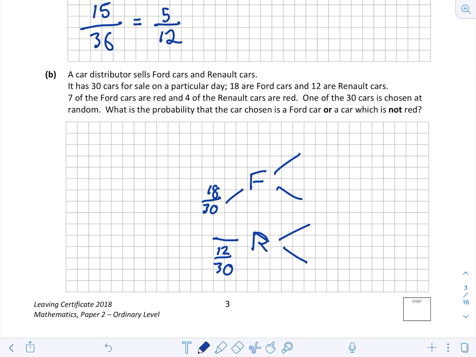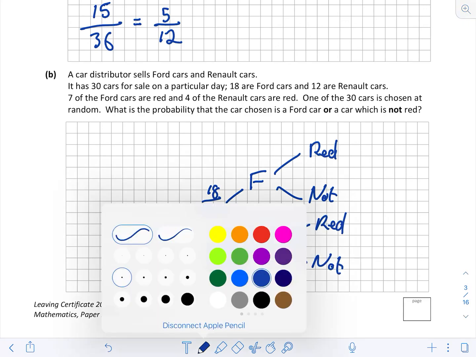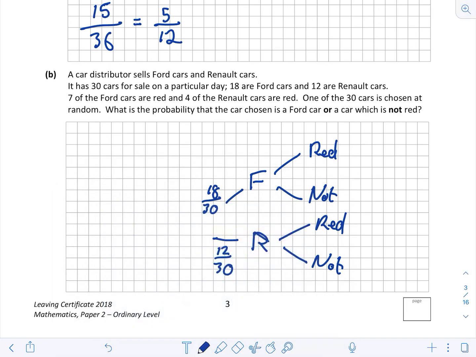Then up here, it can either be red or not. If it was Ford and red, that will be 7 out of 18, and that means this one here is going to be 11 out of 18. And this one here I think was 4 out of 12, and this one here is going to be 8 out of 12.